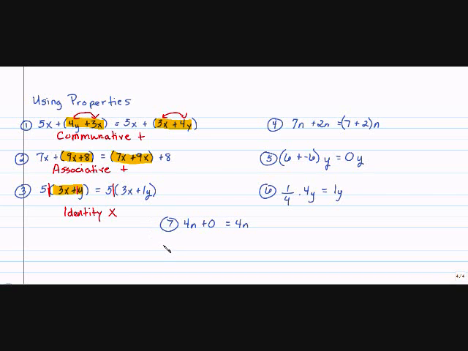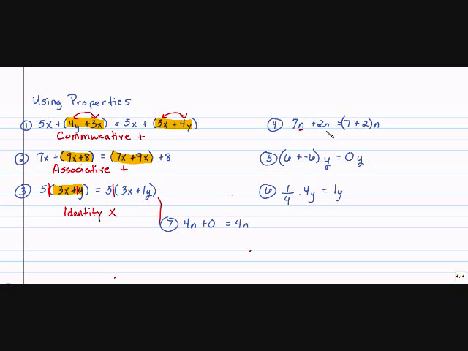Okay, let's go on to number 4. I have 7n plus 2n equals 7 plus 2 times n. There's my pen. Okay, how'd they get from here to here?